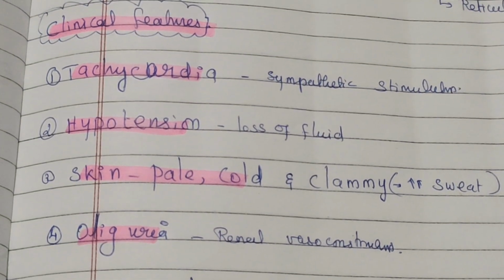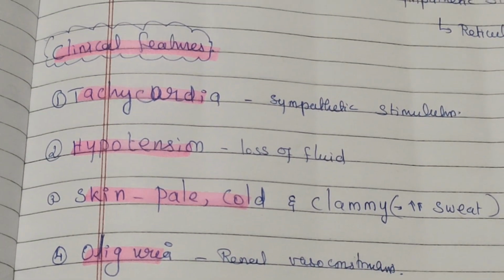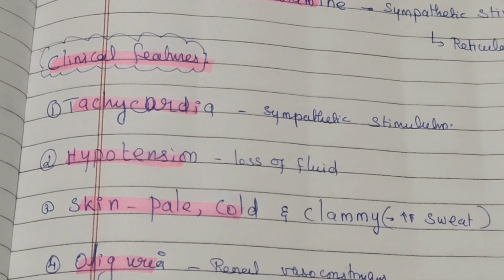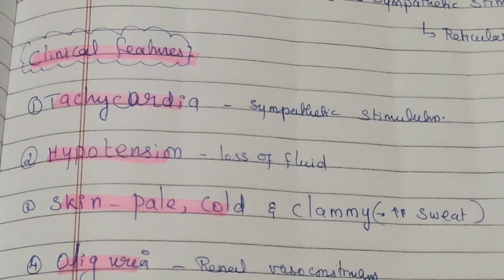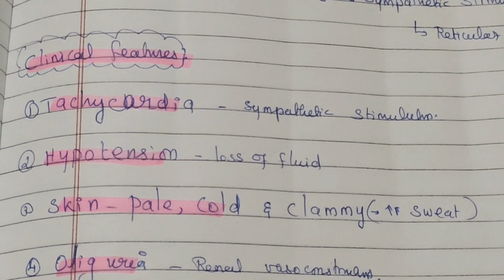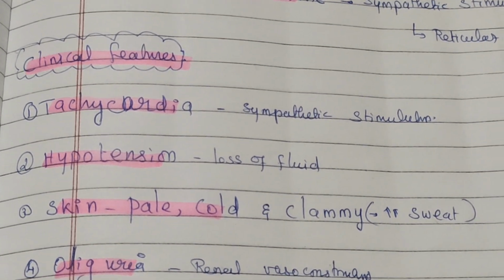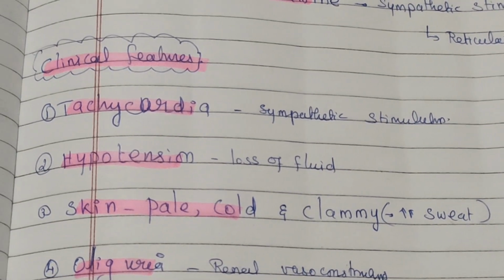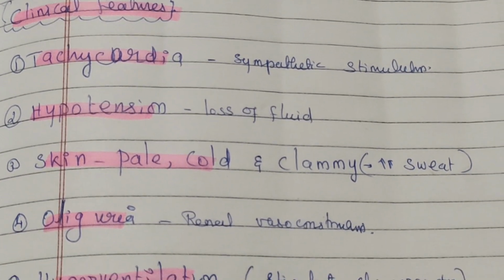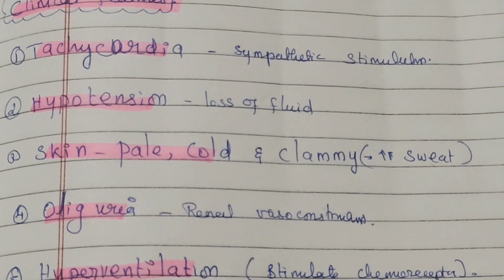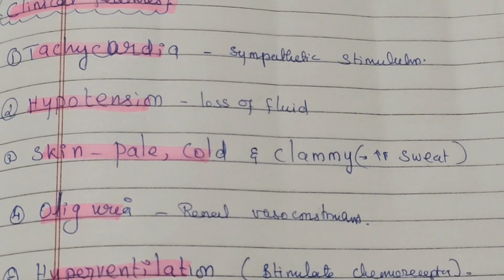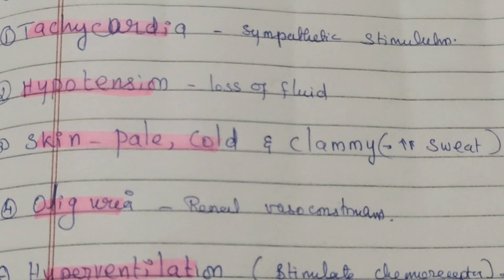Next are the clinical features. We also want to write why these occur. First is tachycardia, because of sympathetic stimulation. Second is hypotension, because of loss of fluid. Third, the skin is pale, cold and clammy. Why pale and cold?